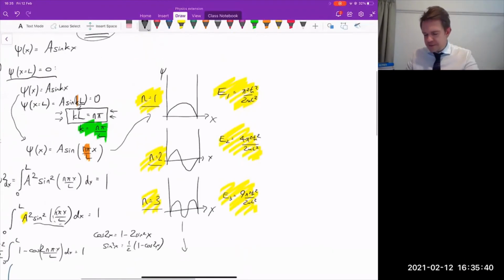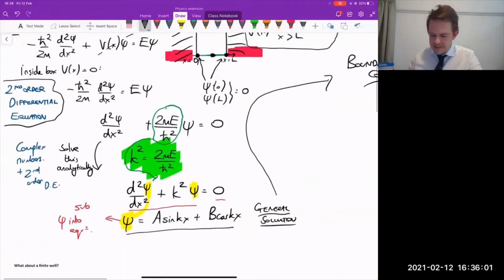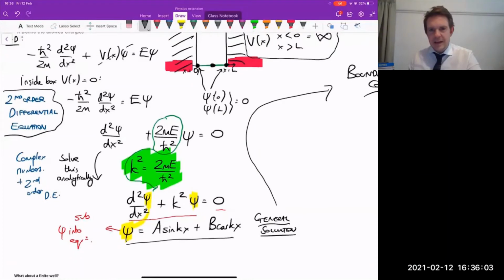And hopefully you can see the similarity between the standing waves on a string, fundamental, first harmonic, second harmonic, and the maths of what's going on here. So that, in my mind, is quite satisfying. And possibly you can understand why standing waves are on an A-level syllabus, and why SHM is on an A-level syllabus.